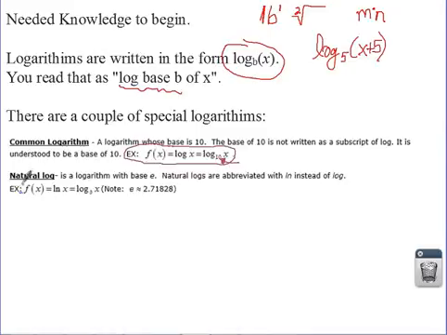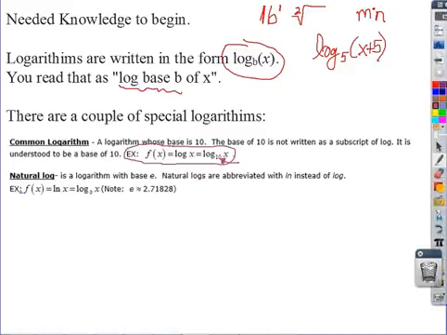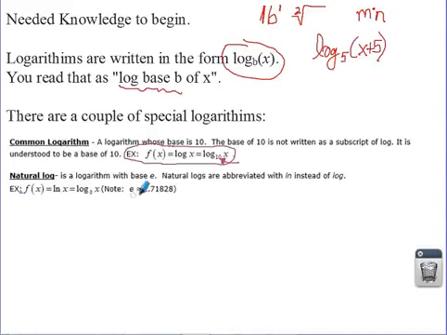The other one is called the natural log. The natural log is a logarithm with base of e. We talked about e when we did exponentials a little bit. There's actually 13.4, I believe, was all about the number e and exponents with a value of e. Remember, e is a number. E is approximately 2.71828.